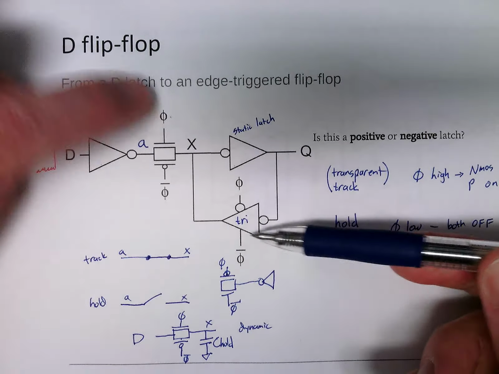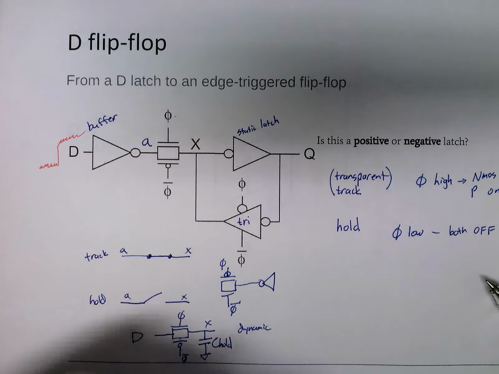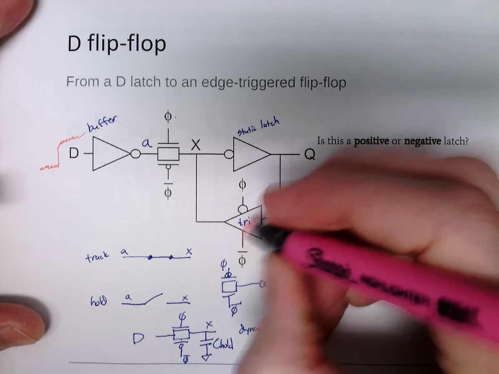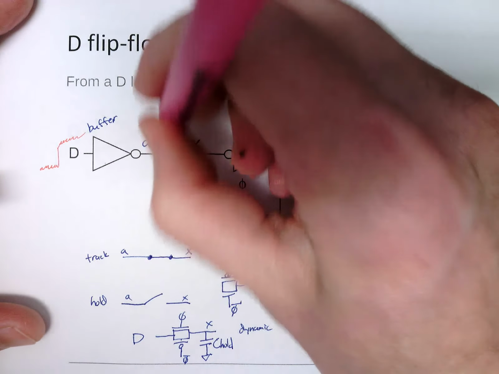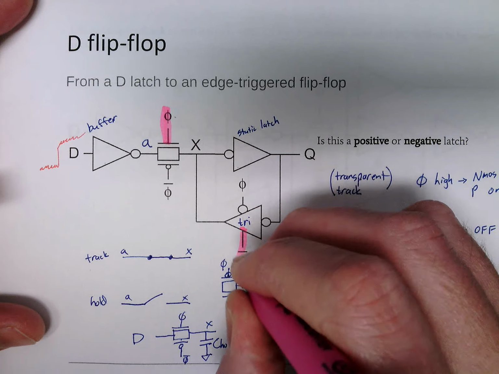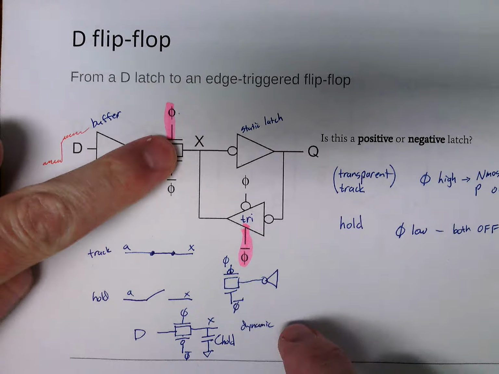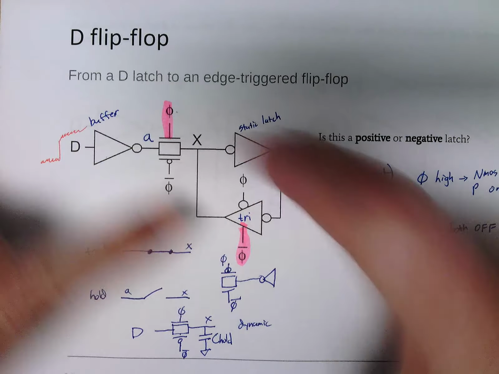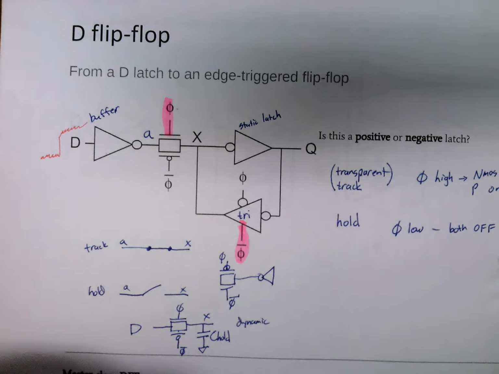But please notice that the NMOS is attached to phi. I'll use a little highlighter. NMOS is attached to phi for the other one, which means it's off then on. Be careful of that.